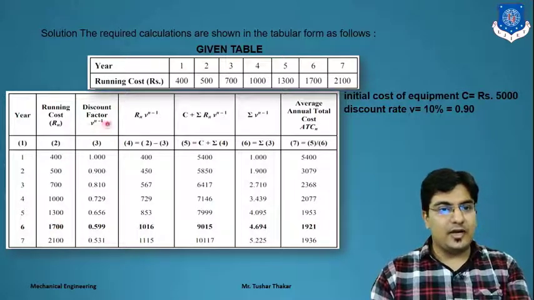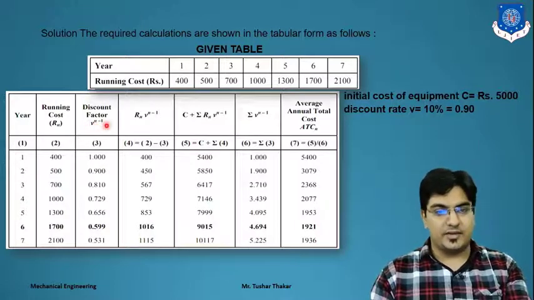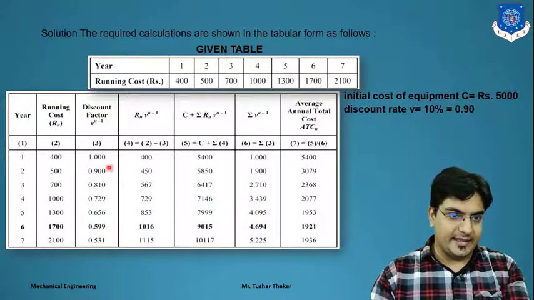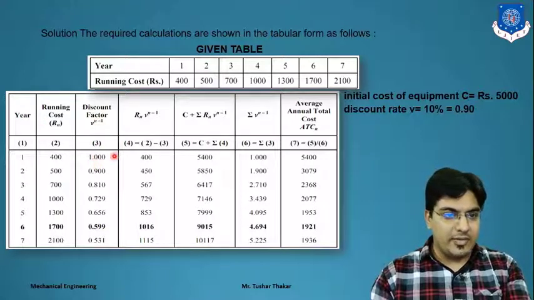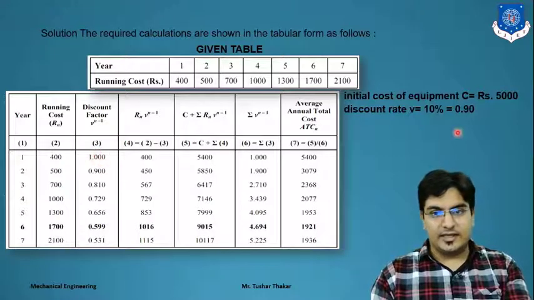Now we find the discount factor V raised to n minus 1. Here V is 0.90, raised to n, where n is the year. So in the first year it is V raised to 0, which is 1.